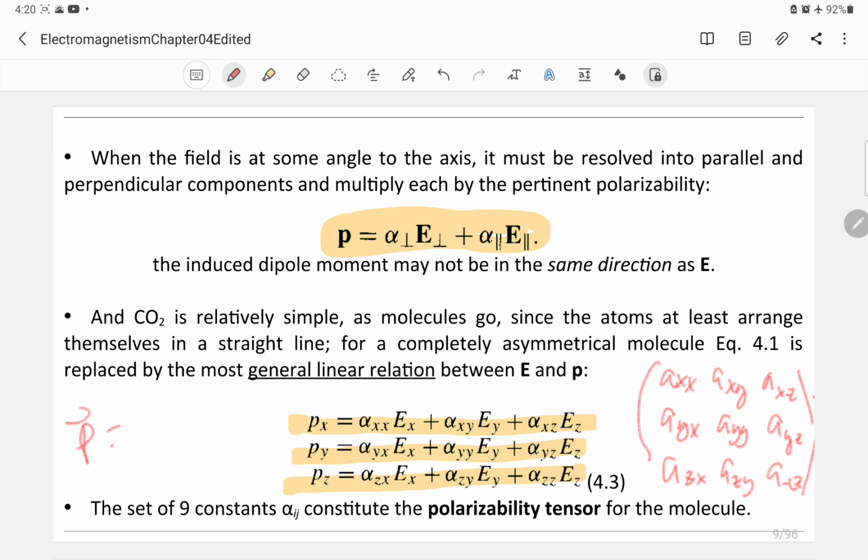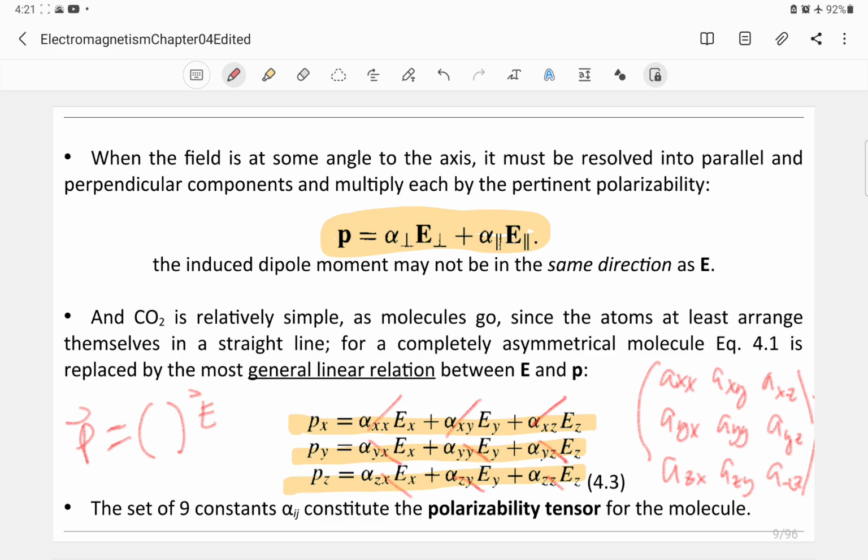So your p would be some matrix times the electric field, in the general case. The nine sets of constants here, this one, this one, this one, and so on, constitute the polarizability tensor for the molecule.